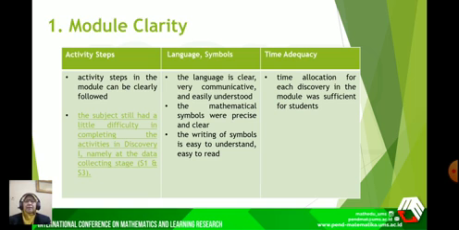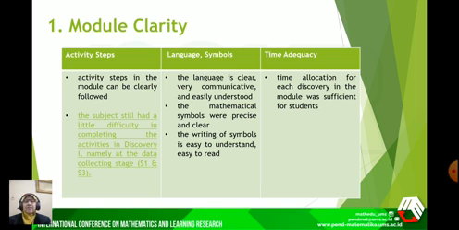Module clarity. For the activity steps, the subjects state that the activity steps in the module can be clearly followed. However, the subjects still had a little difficulty in completing the activities in Discovery 1, namely at the data collecting stage.